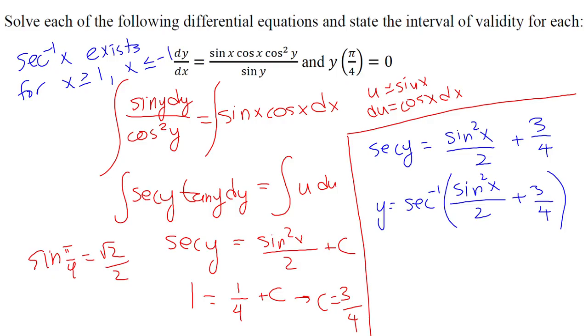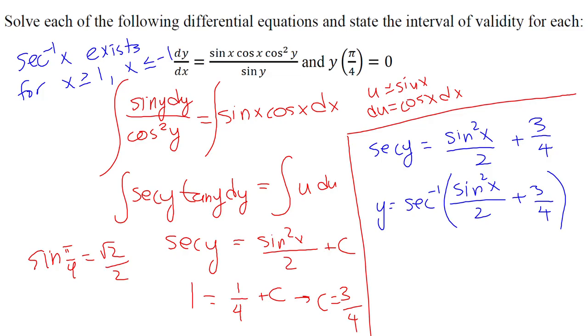Well, we have the inverse secant of sine squared x over 2 plus 3/4. So what we've got is a positive value here, which means we don't really need to worry about the x less than or equal to -1.